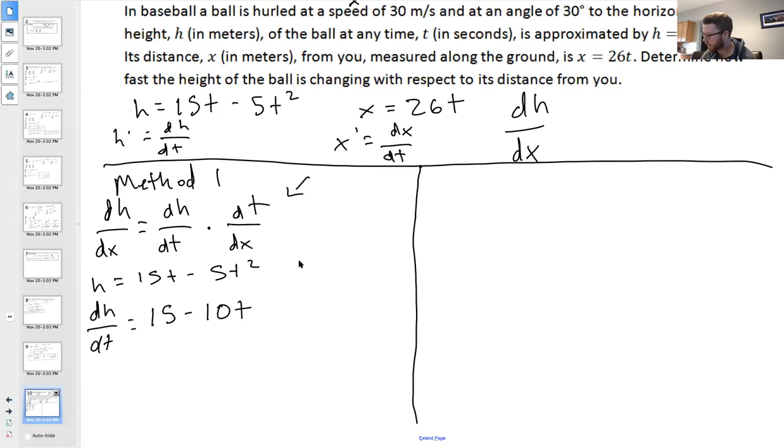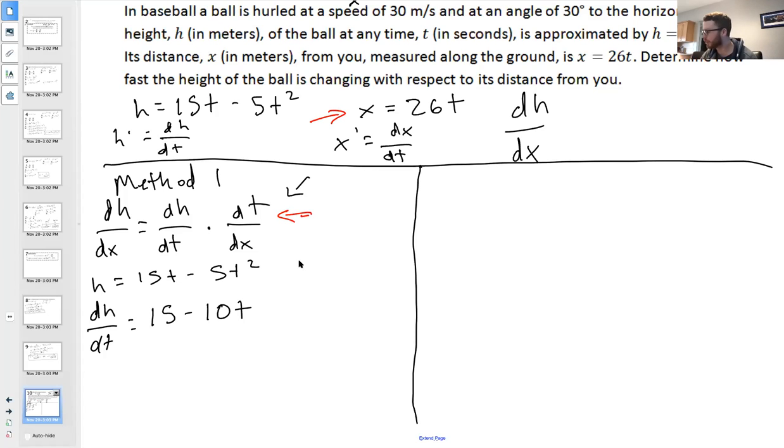Okay, and right here, we have x is equal to 26t. If we took the derivative of that as is, we would be taking the derivative of x with respect to t. But what we need here is the derivative of t with respect to x.